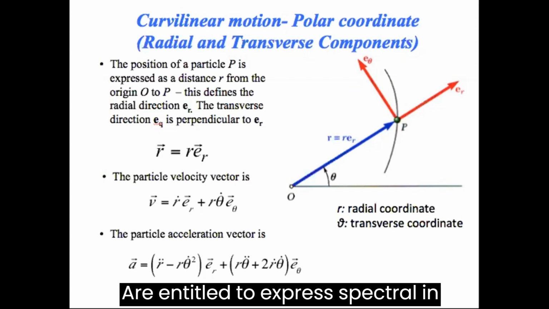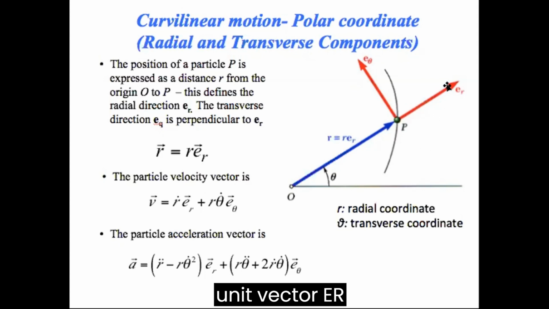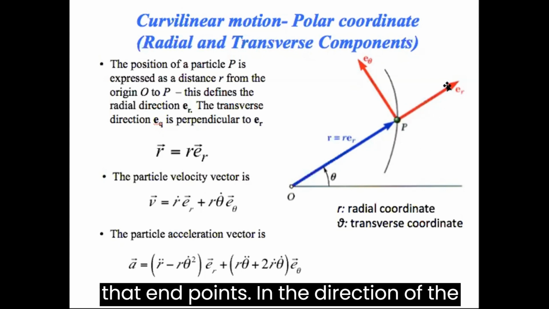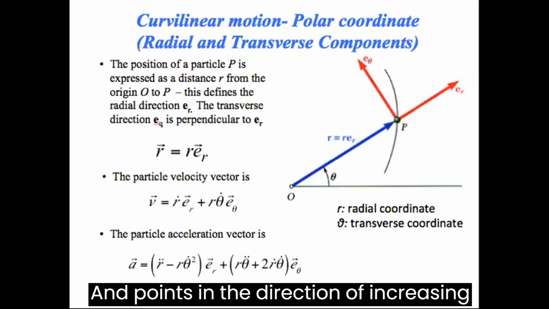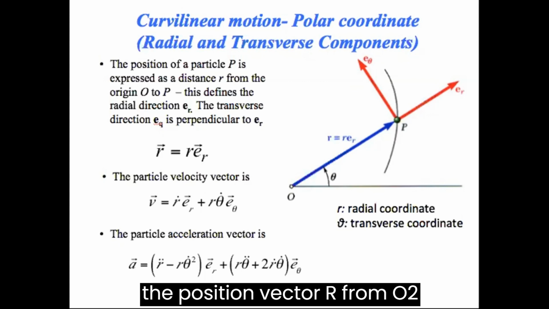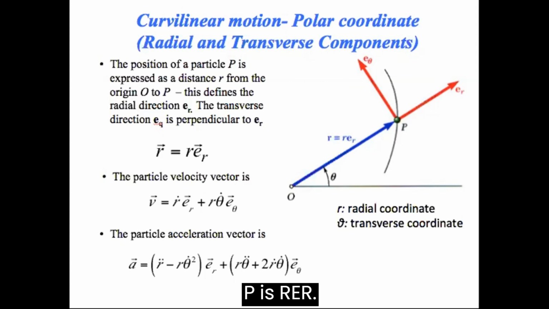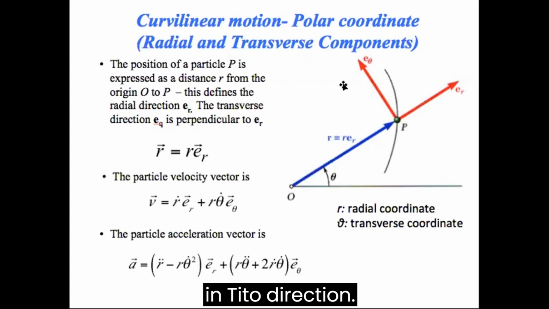To express a vector in terms of polar coordinates, we define a unit vector e_r that points in the direction of the radial line from the origin to P, and a unit vector e_theta that is perpendicular to e_r and points in the direction of increasing theta. In terms of these vectors, the position vector r from O to P is r e_r. Notice that r has no component in the theta direction.